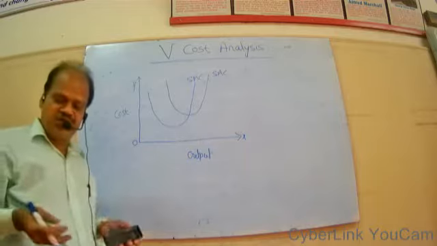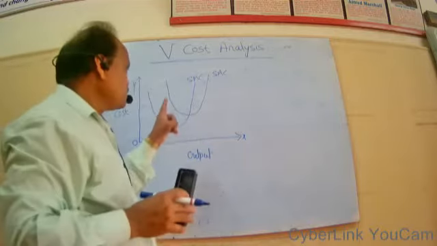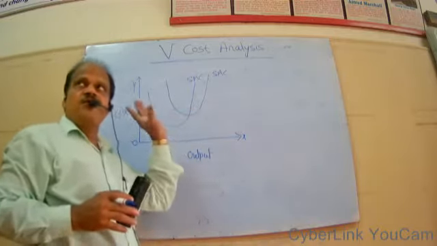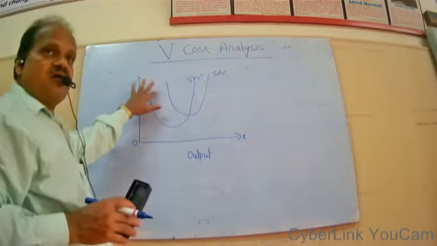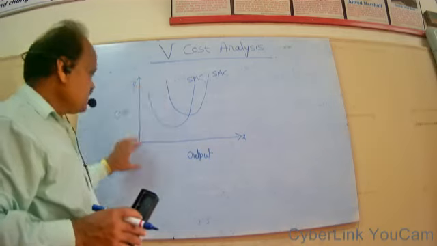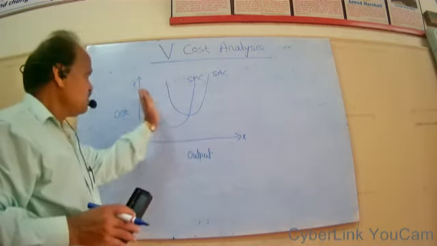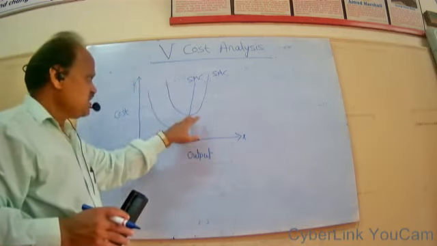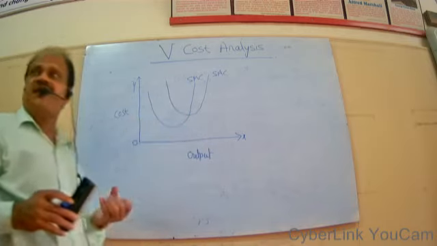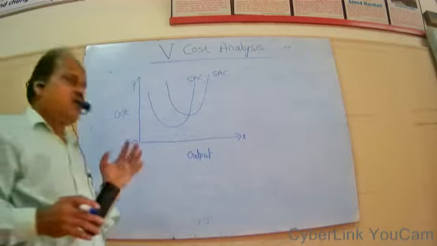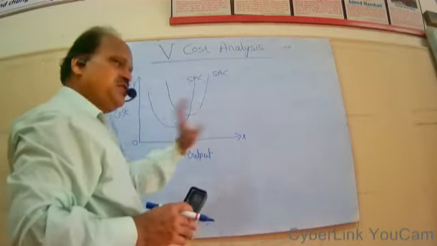So this is the meaning of U-shaped cost curves. In the initial stage, costs are at a higher level. As you increase your scale of output, it will go on decrease. At one stage, they will reach the minimum level. Once again, they will go on increase as the scale of output is increased.